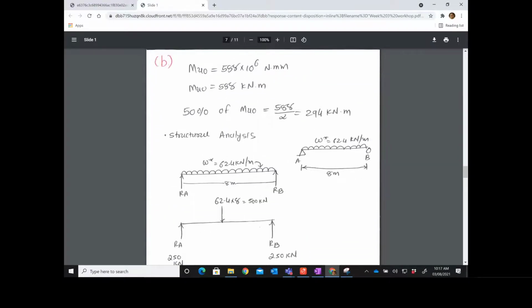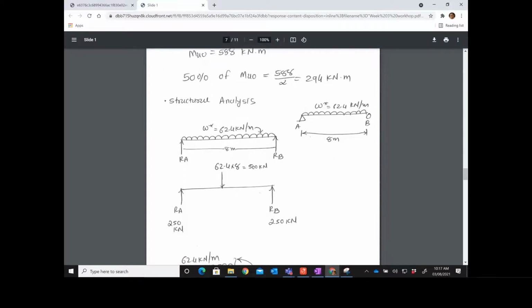So it says that you need 50% of the Muo, right? Because as I mentioned, you have a Muo of 588. So you just need to divide by 2. So 294 kilonewton meters, that is the halfway point.